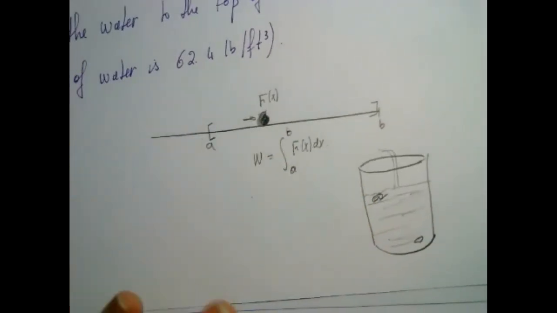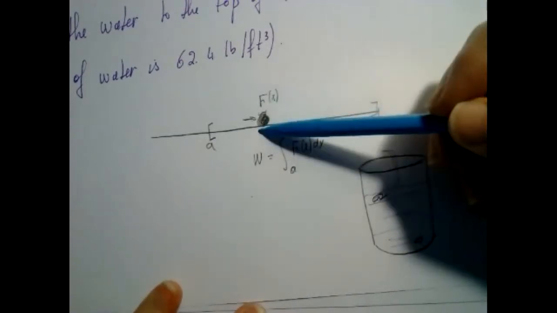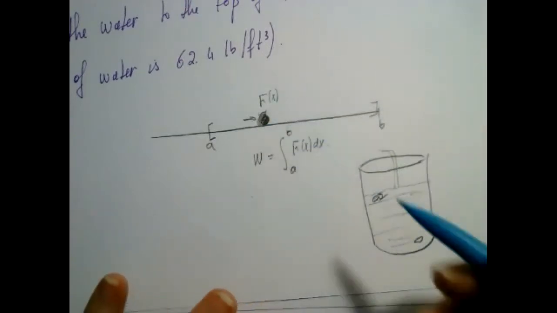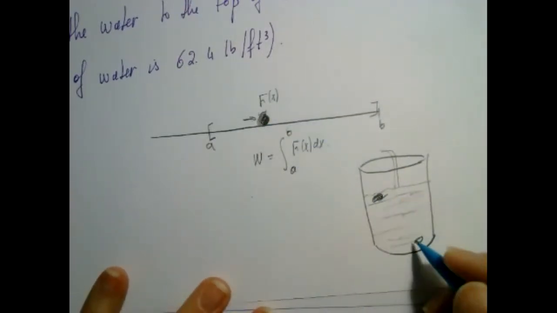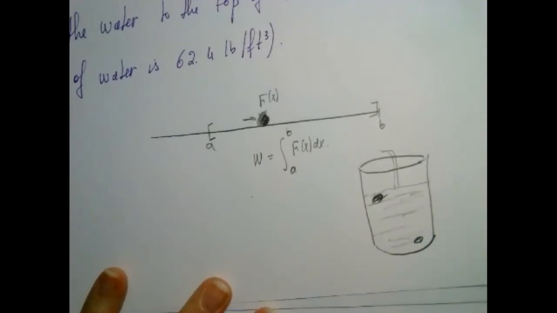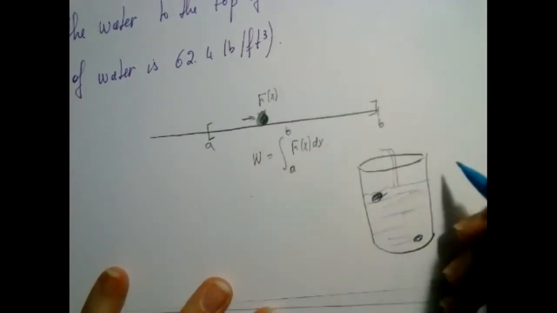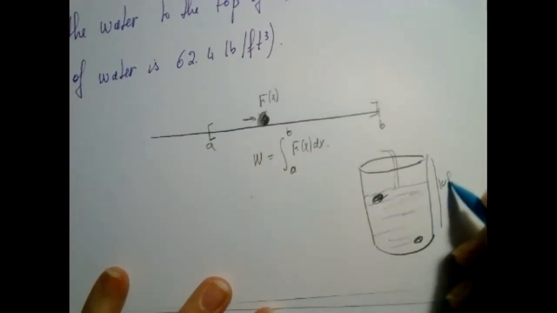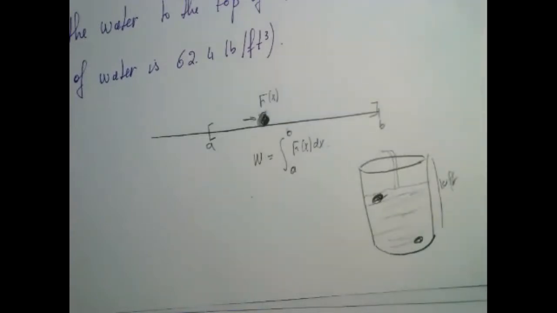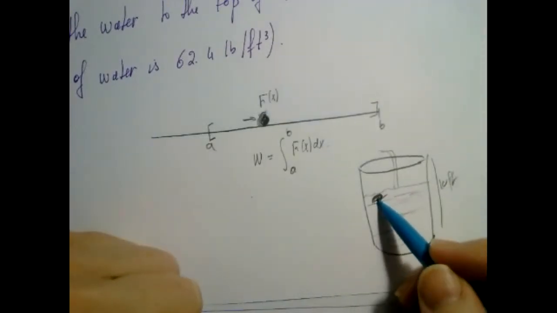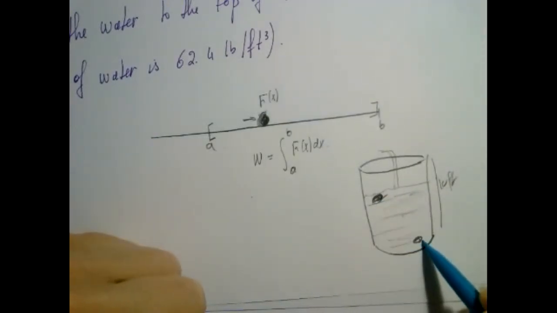And the issue we face here that we did not face in the previous problem is that if you take a drop of water at the top and a drop of water here to lift it, the work is very different. It's not one object I am moving. This is 10 feet, so it's a tall cylinder. So if I want to lift this and this, the work changes.